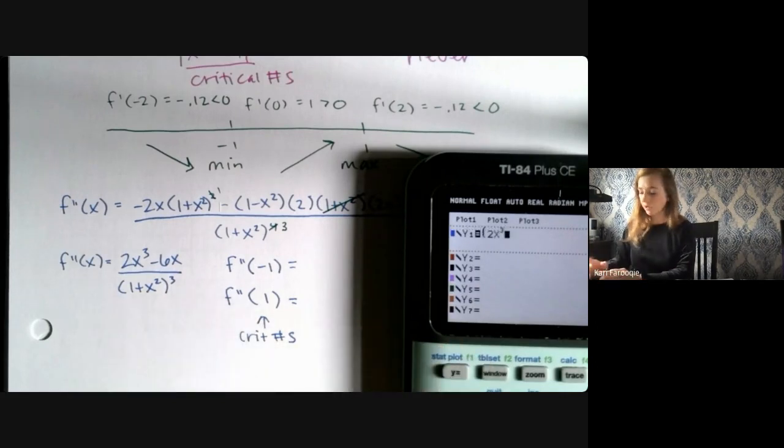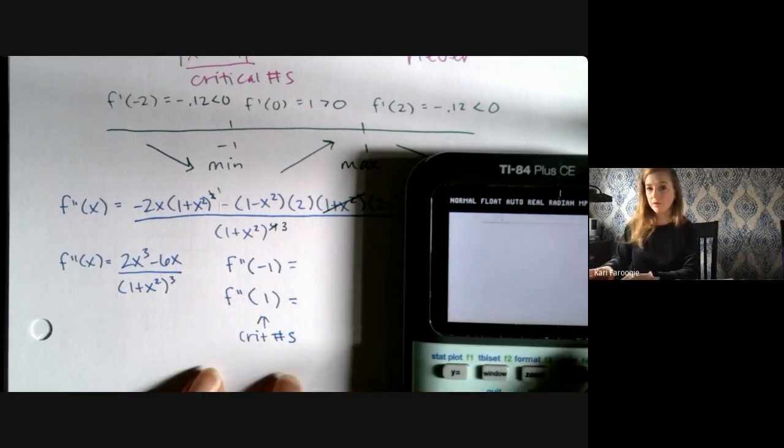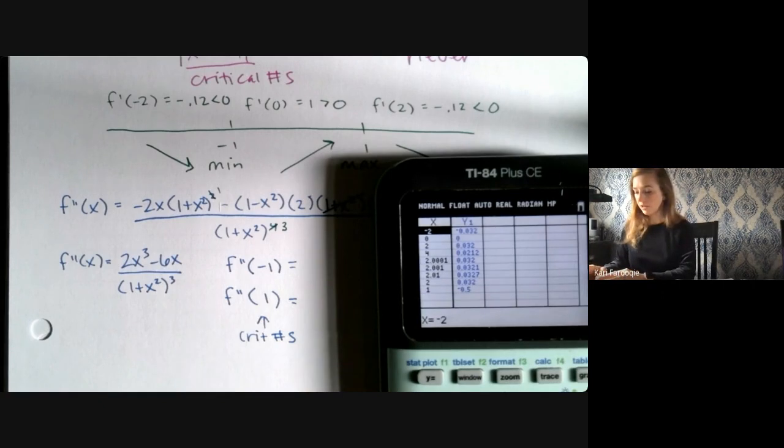I'll just do the calculator because I think it's really good for us all to see how this is entered all the time with these rational functions. So there's your numerator. In the denominator, you have 1 plus x squared, quantity cubed. And then we'll evaluate these in our table at -1 and 1.